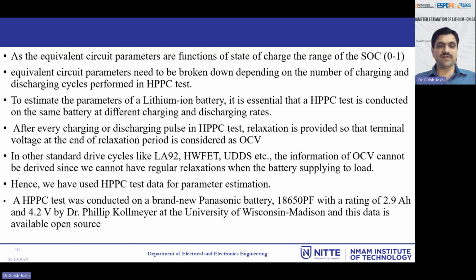In other standard driving cycles like LA92, HWFET, UDDS, etc., the information of OCV cannot be derived, since we cannot have regular relaxations when the battery is supplying the load. Hence, we are supposed to use HPPC test data for parameter estimation.